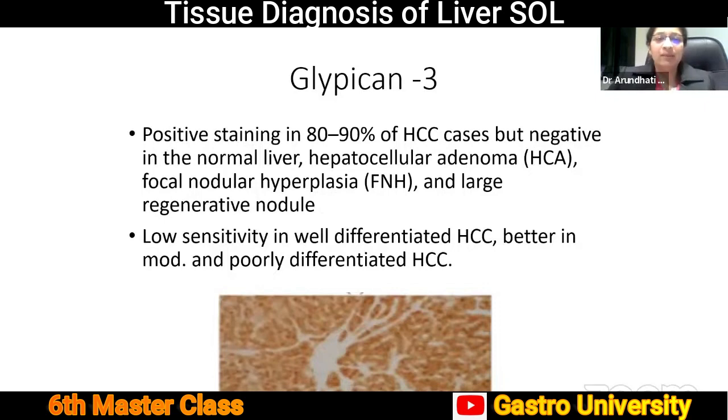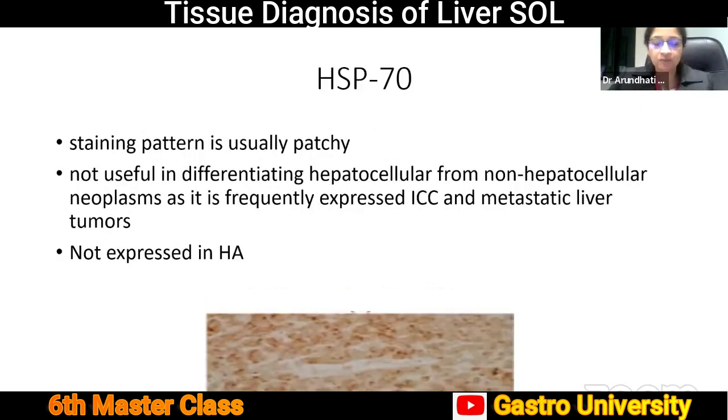Glypican is a blessing of a marker because it gives positive staining in nearly 80 to 90% of HCCs while remaining negative in normal liver, in hepatocellular adenomas, focal nodular hyperplasias, as well as regenerative nodules. It has a low sensitivity in well-differentiated hepatocellular carcinomas and a better sensitivity in moderate or poorly differentiated tumors.